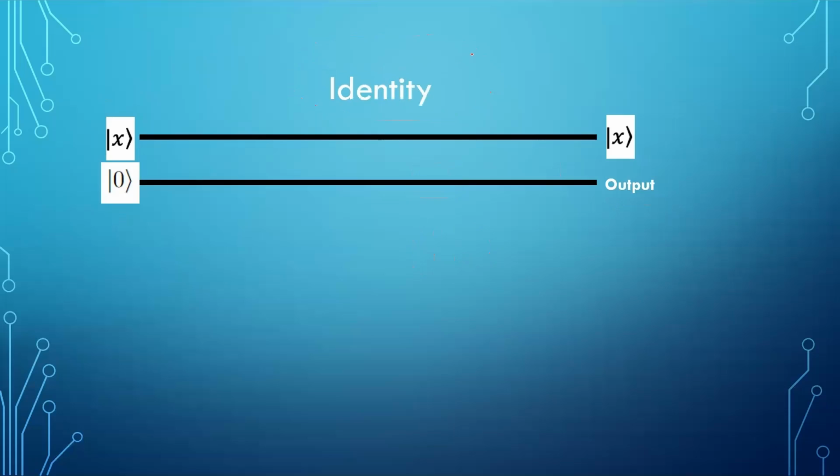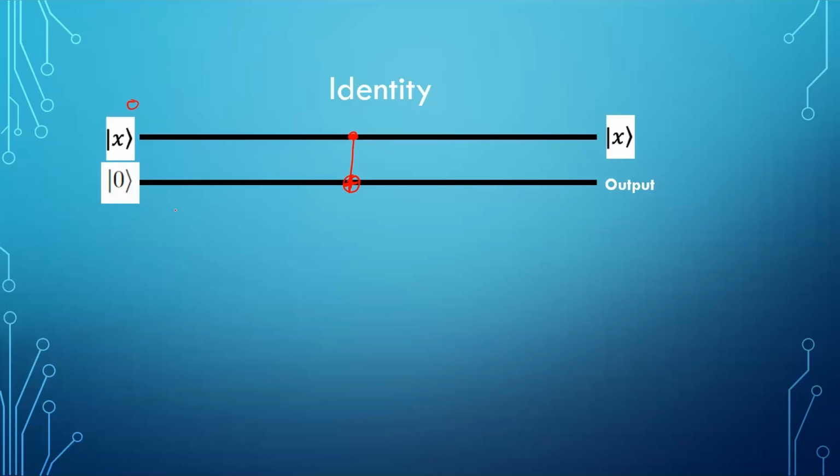Let's do the identity. Identity means if I send 0 here in the input, I should get 0 at the output. And if I send 1, I should end up having 1. And to implement this circuit, all we need to do is just put a CNOT gate with a control node. So let's see how this will work. If you send the 0 here, the 0 will have no effect on the control.